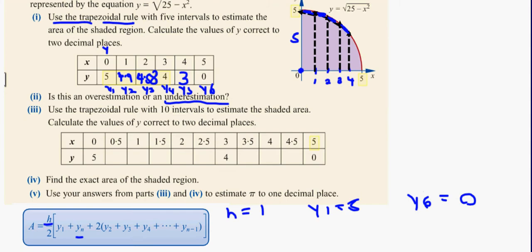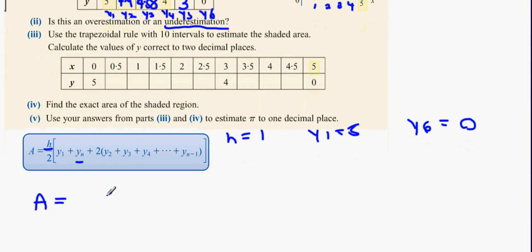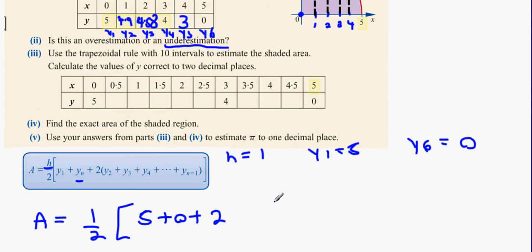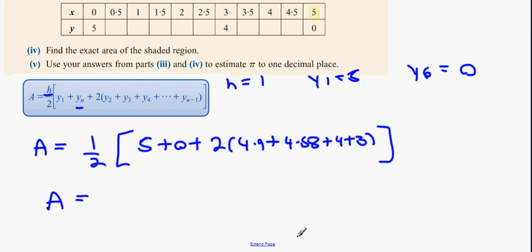So for this trapezoidal rule we have A equals a half times (y1, which is 5, plus yn, which is 0, plus 2 times the remaining heights), so 4.9 plus 4.58 plus 4 plus 3. Close bracket.